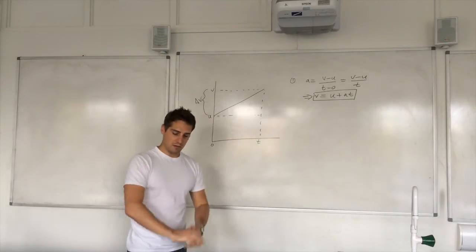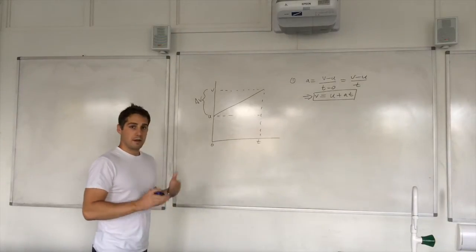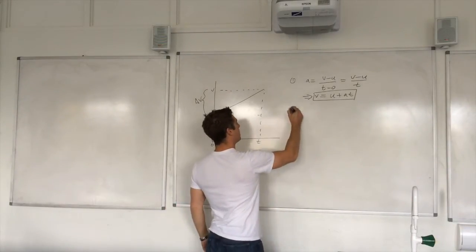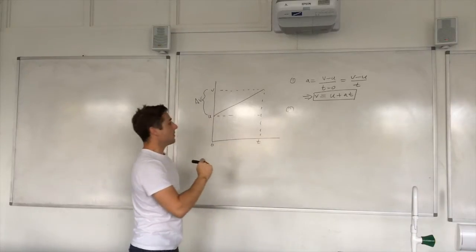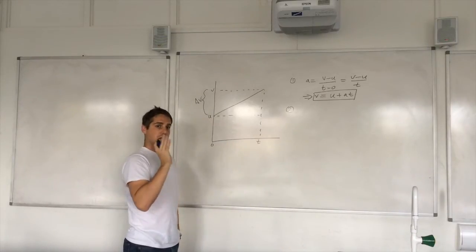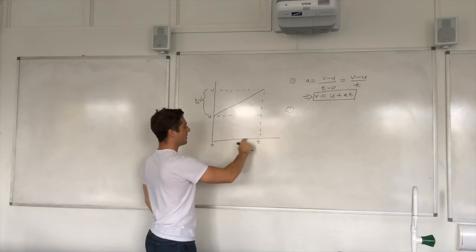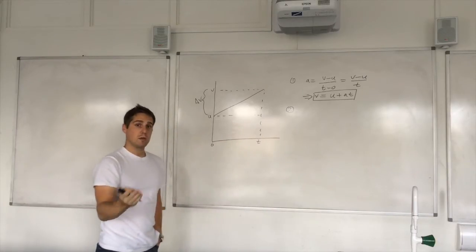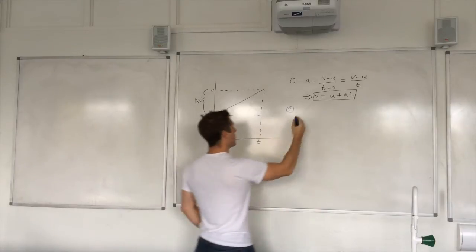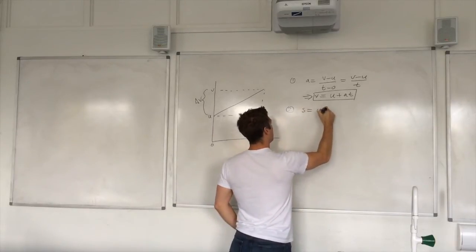Hopefully you're able to do that. Here is what we were looking for. We're working out the displacement, which is the area under the curve. We'll work out this bit first. This is a rectangle, and the area of a rectangle is one side times the other, so S is equal to UT.